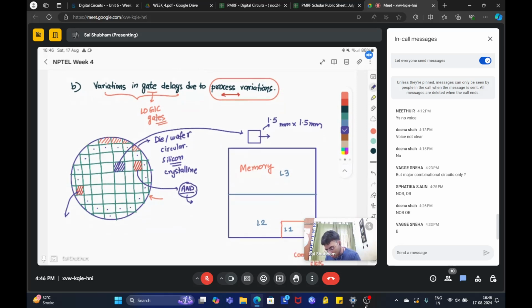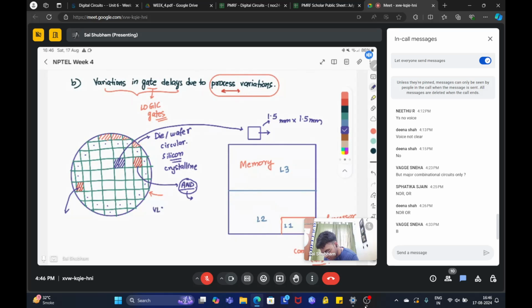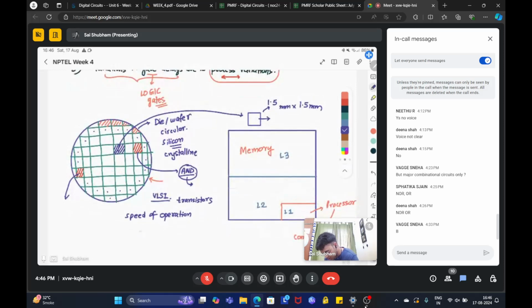The reason is that if you take a VLSI course, you will understand that the AND gate is made up of transistors, and the speed of operation depends upon the transistor's threshold voltage and doping.